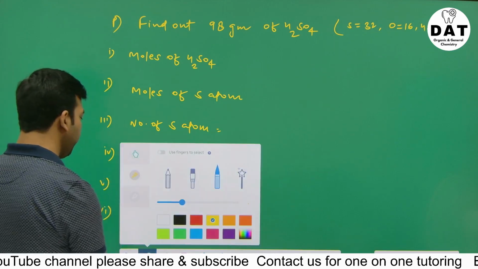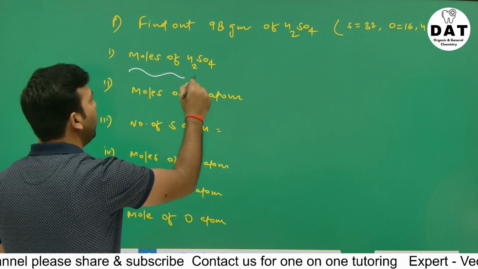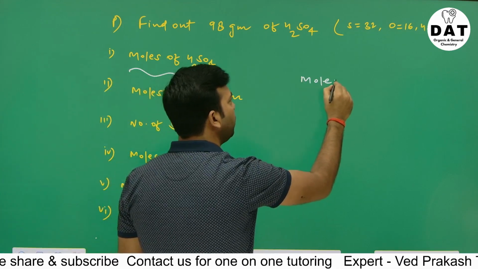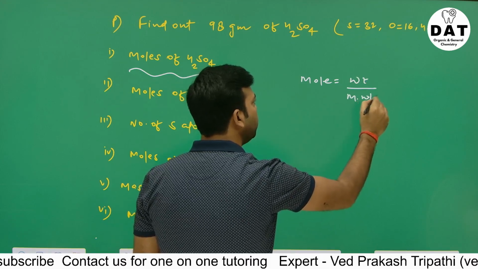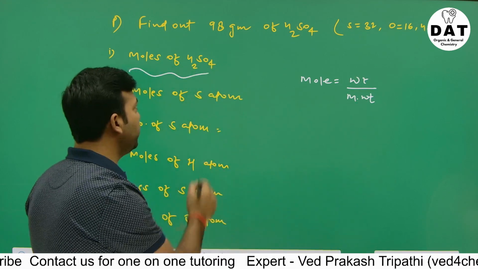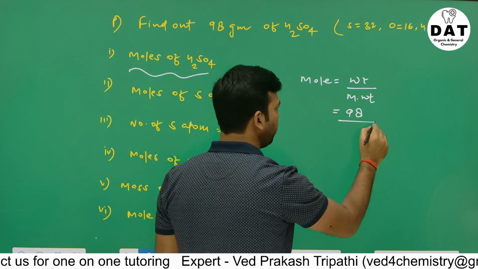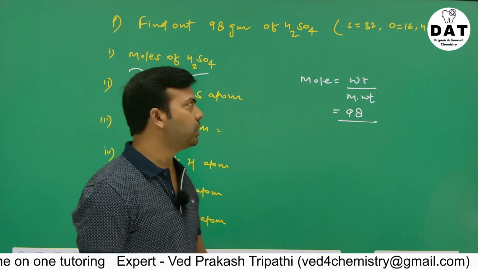Whenever anything is given, first find out the mole. And what is the mole formula? Mole is equal to weight upon molecular weight. Its weight is given, which is 98. And what is the molecular weight? The atomic weights are given, so just calculate it.